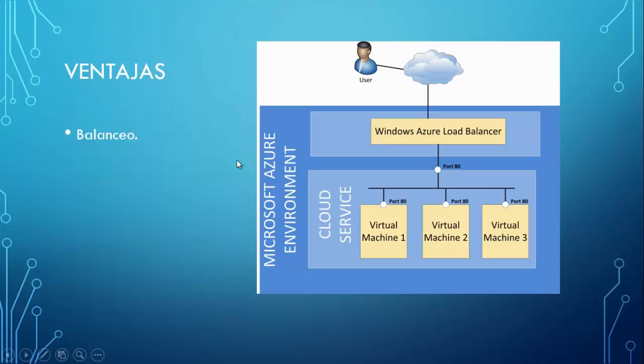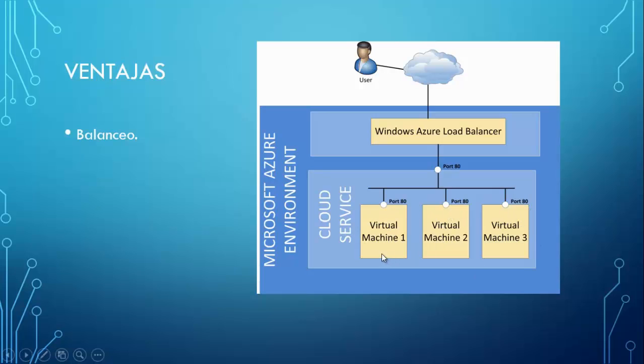Some of the advantages of cloud services is the load balancer. So Windows Azure by default has a load balancer. When we create a cloud service, we can see, for example, virtual machine 1, 2, and 3.